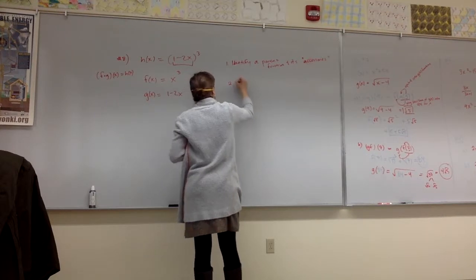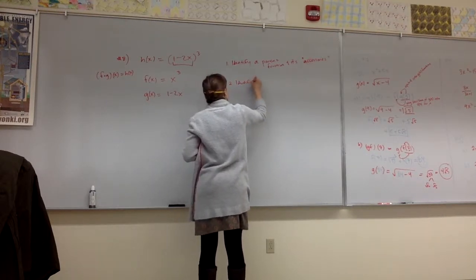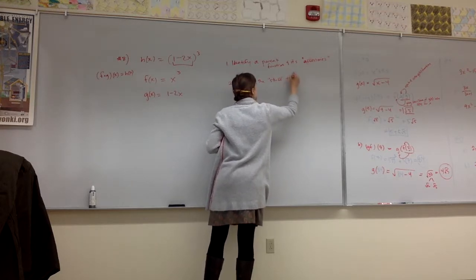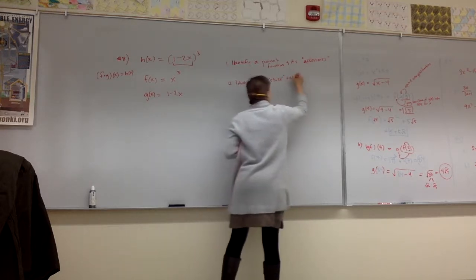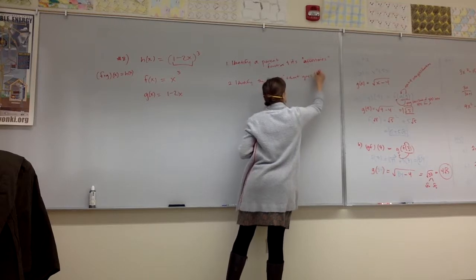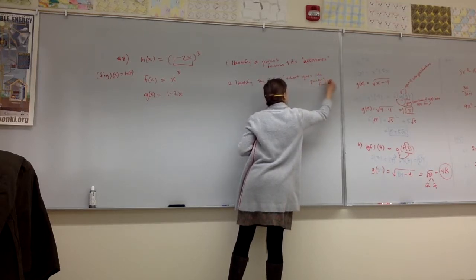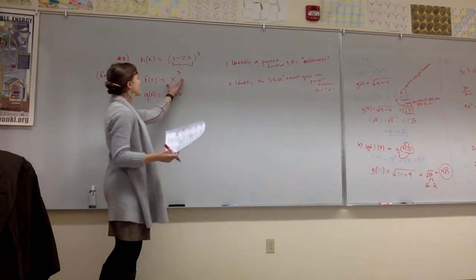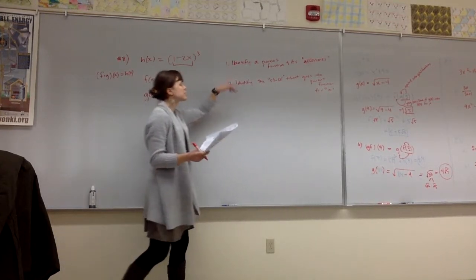And number 2 is identify the stuff that goes into the parent function for x. So for this, I identified my parent function as x cubed. There are no accessories with this one.